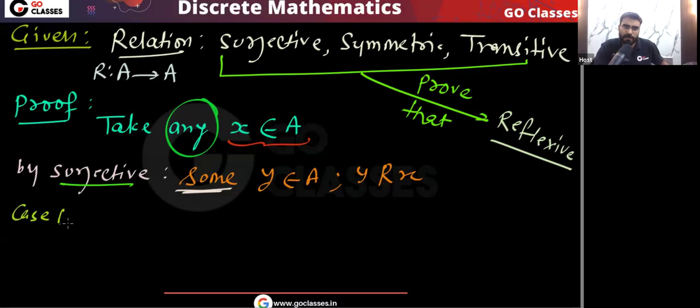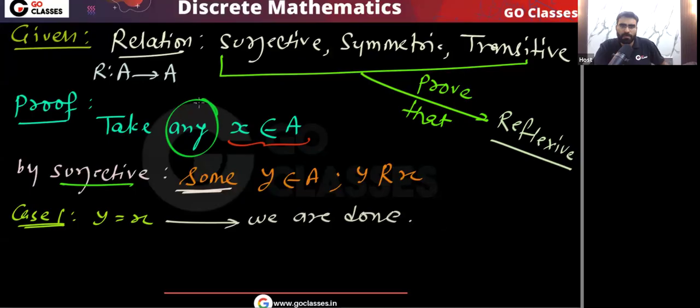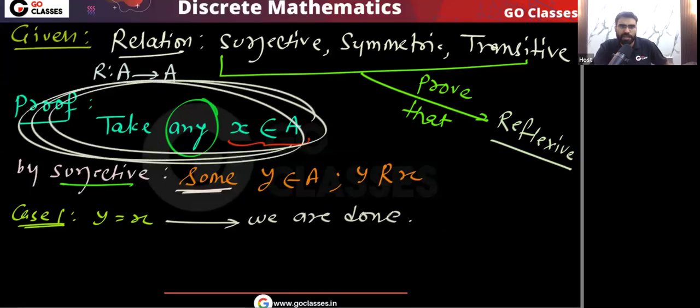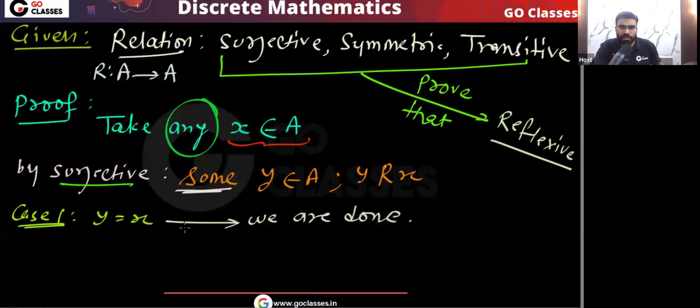Case one is Y is equal to X. In this case, we are done. Because whatever element you take is related to itself. So if Y is equal to X, then we are done.